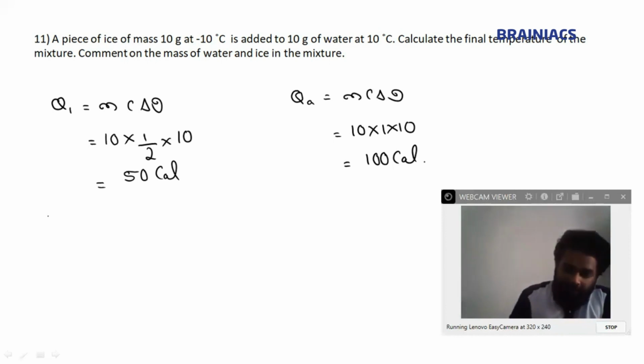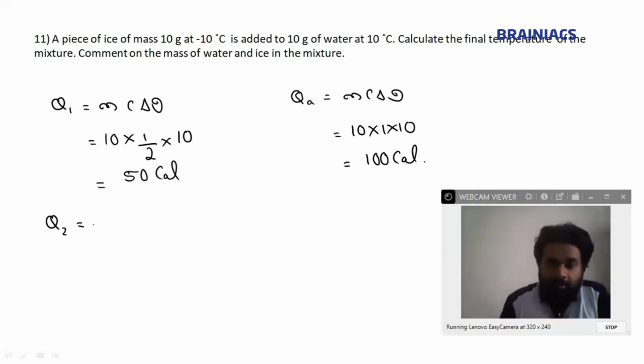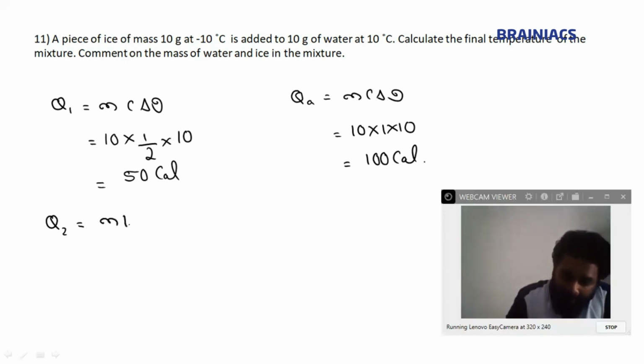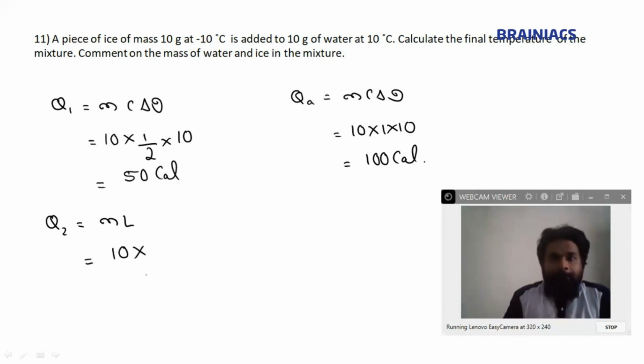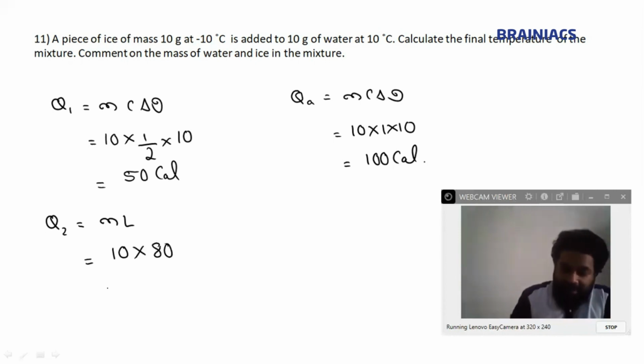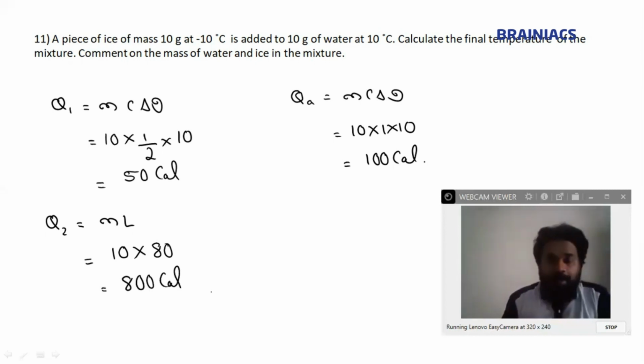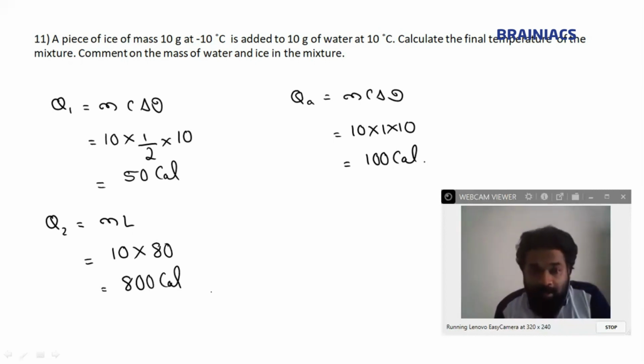Let us see how much heat is required for ice to become water. That is ml. This is nothing but 10 gram, and the latent heat for ice to become water is 80. So 800 calories are required for ice to become water completely.